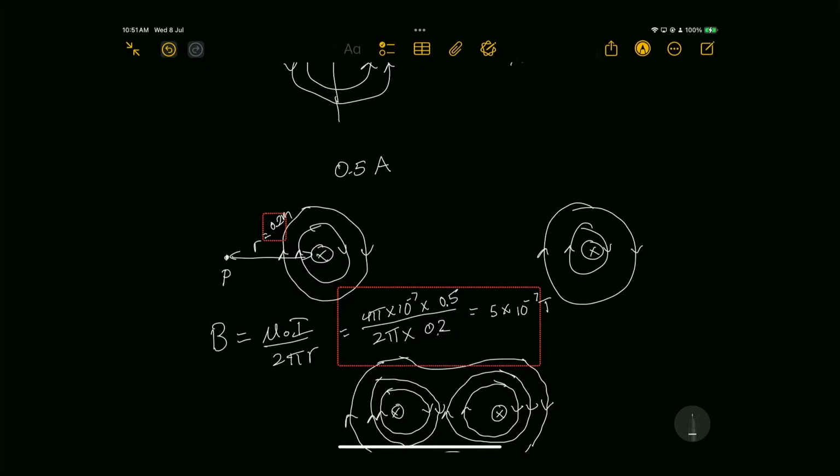T. So that is just a simple example of that.